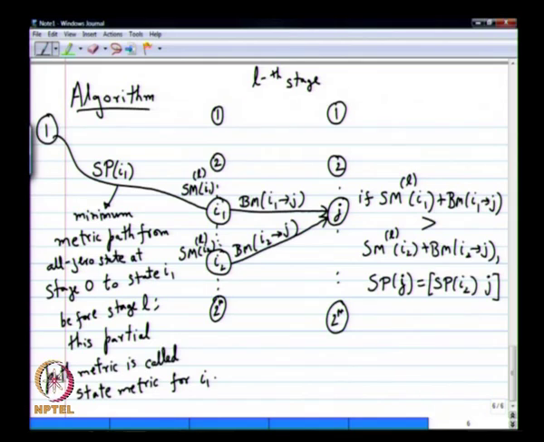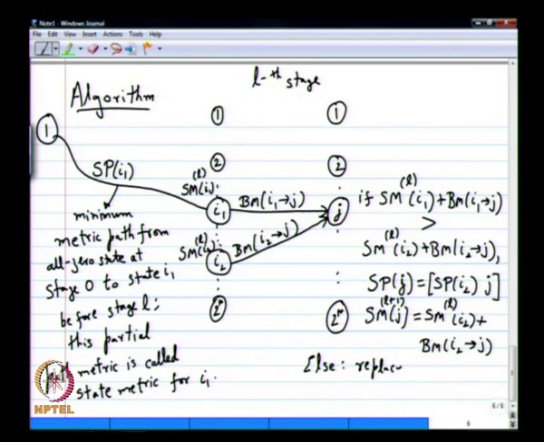You come up with this path and then add the J to it, and then the state metric for J after L plus 1 is basically SM L of I2 plus the branch metric I2 to J. Else, replace I2 by I1.